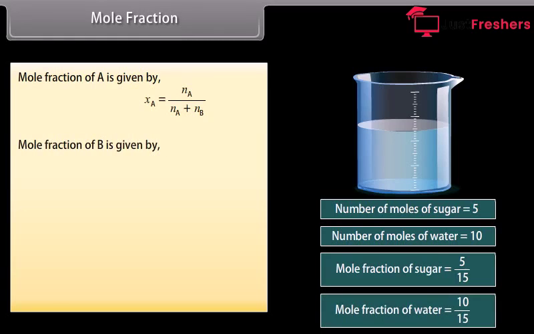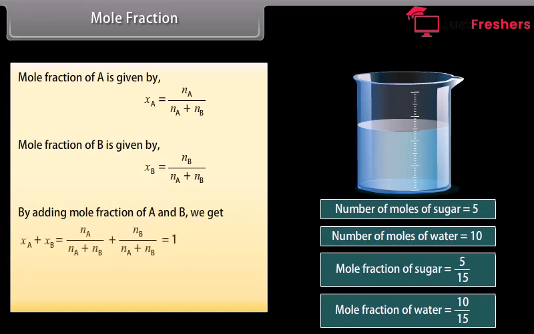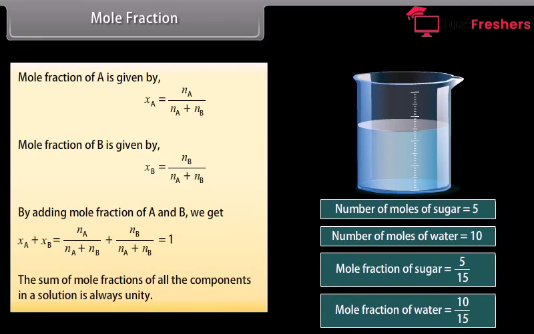Mole fraction of B is given by Nb divided by Na plus Nb. By adding mole fraction of A and B, we get Xa plus Xb is equal to 1. It implies that the sum of mole fractions of all the components in a solution is always unity.